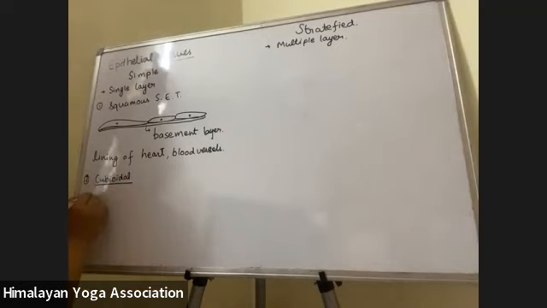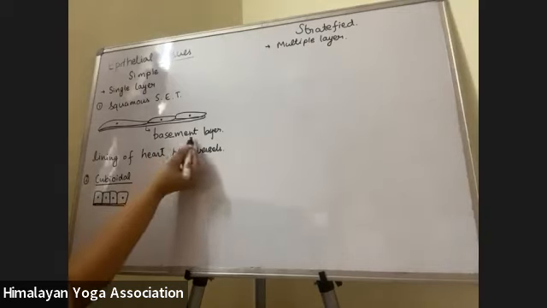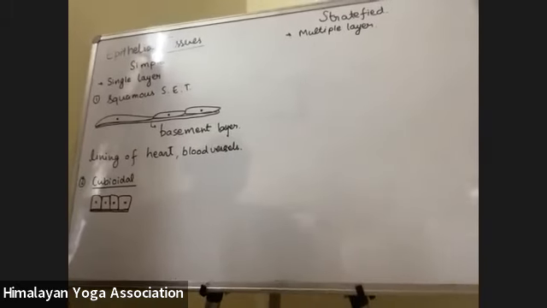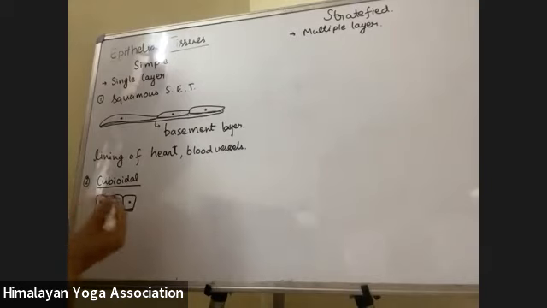Then the second type, we have cuboidal. There will be a basement layer every time. In this cuboidal, as the name suggests, the cells are cuboidal in shape and they're closely packed.